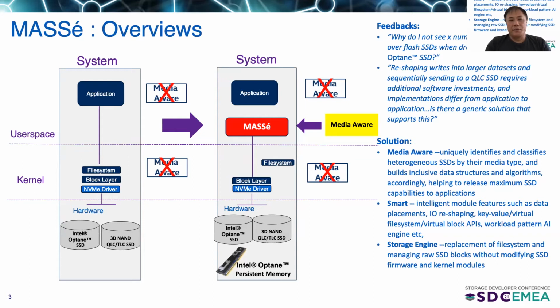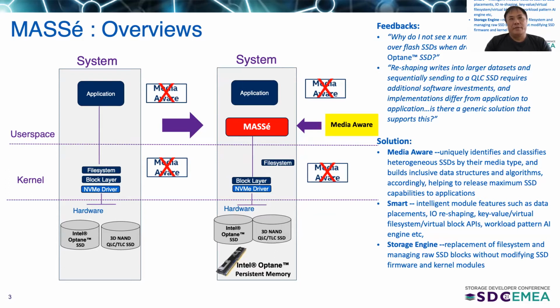That's why we built MASSé, a piece of lightweight software just under the application in user space. We bypass the file system and directly manage the drive, either Optane SSD or NAND SSDs. Basically, it understands which medium is inside the SSDs and uses different data structures and places data differently.